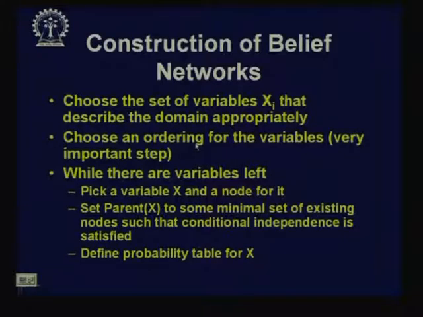Choose an ordering for the variables, that is a very important step, because I will first pick up a variable x and a node for it and set the parent of x to some minimal set of existing nodes such that conditional independence is satisfied. And then I will go on doing this, and in this way I will define the probability table for x.